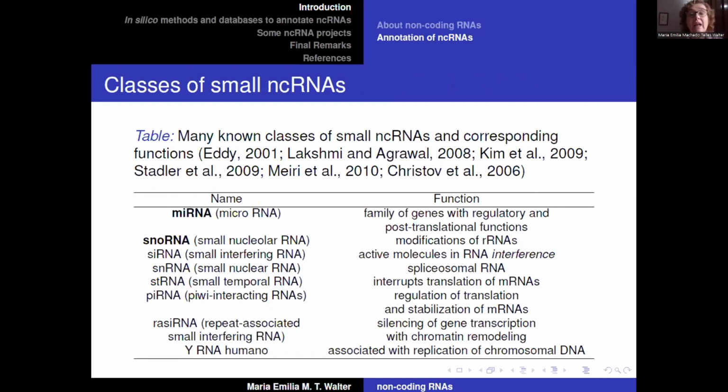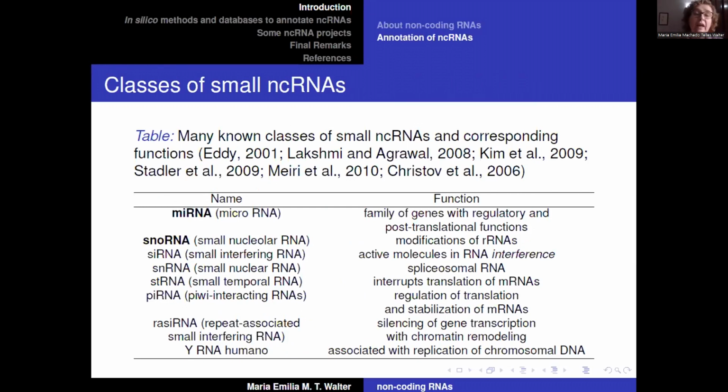Here we see some classes of small non-coding RNAs. There are many known classes of these molecules, and in this table we see in the first column some classes of these small non-coding RNAs together with the function shown in the second column.